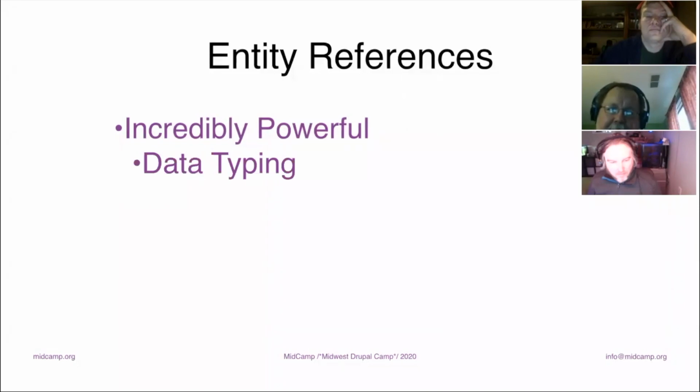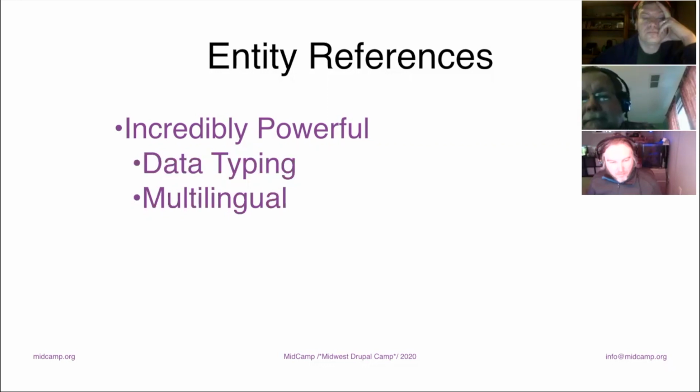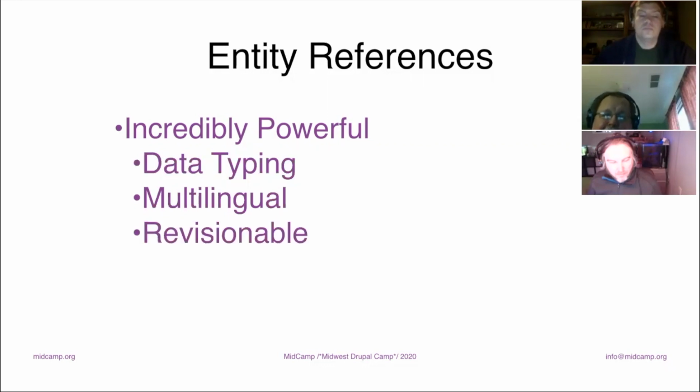Or if you want to reference just articles, you can just reference articles. They're multilingual, so we can have different references for different languages of the same entity. They're revisionable. We can have more than one of them. If you see this term cardinality, that's what that means. In short, they follow the same rules as the Drupal field system does.